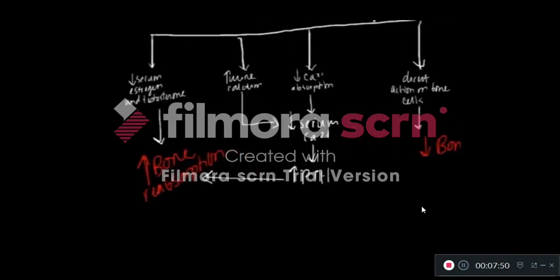All these factors on this side of the table are going to facilitate bone reabsorption, and they include decreased serum estrogen and testosterone. Glucocorticoids increase your urinary calcium, so they increase calcium excretion. They decrease calcium absorption by your GI tract, and these 2 things are going to result in increased production of parathyroid hormone, and that's going to facilitate bone reabsorption.